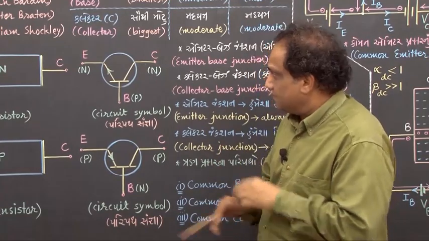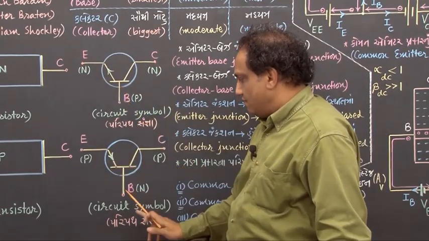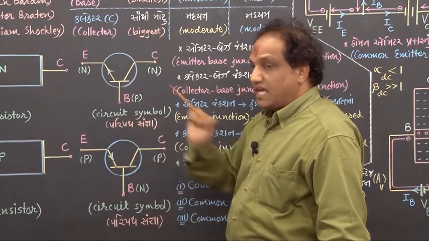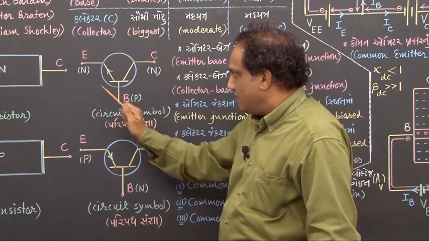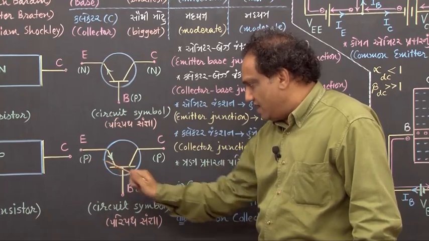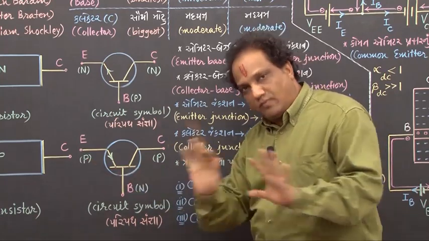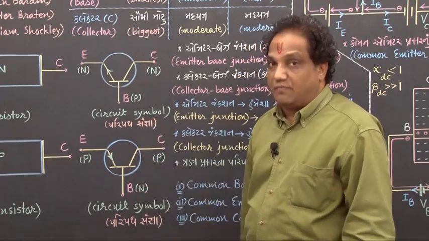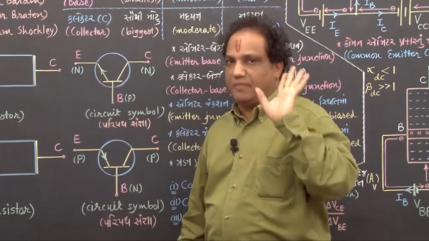See, emitter, base, collector. If it is an NPN transistor, you can write NPN this way or this way, no problem. And if it is a PNP transistor, you may write PNP this way or this way, no problem. Now we differentiate between these two symbols by putting one arrow only on the emitter.